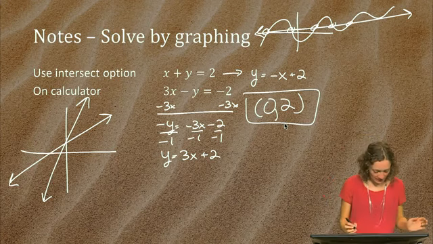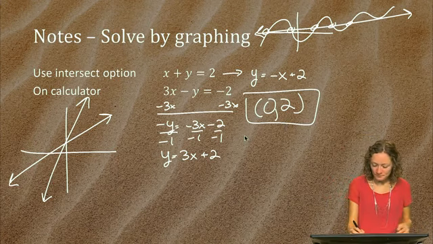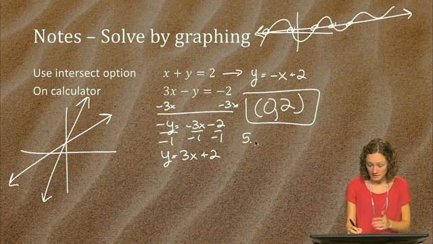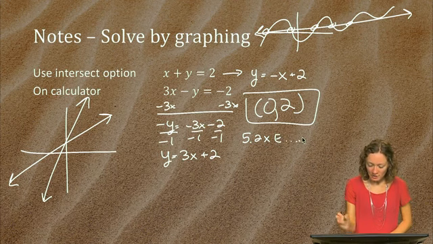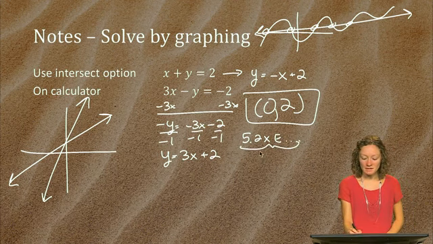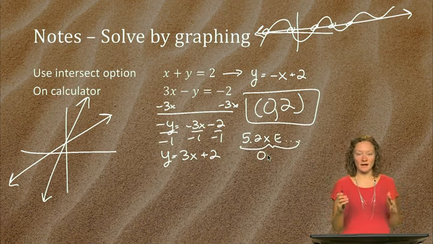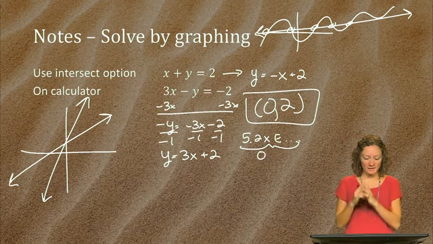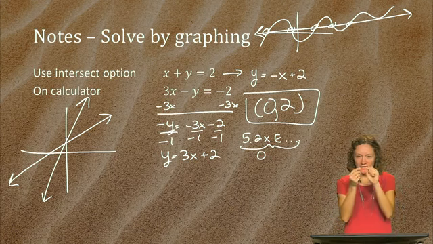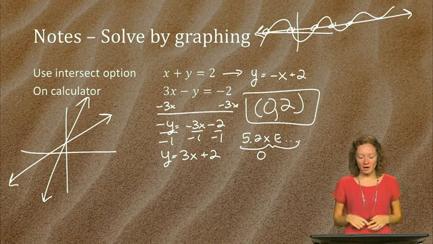If you see something like a number, this is an example, 5.2 times e blah, blah, blah, this essentially means 0. This is calculator error. It's not exactly finding the point where they intersect. It's finding a place they intersect that's a tiny, tiny bit off, but just assume that it means 0 if it gives you a number like that.